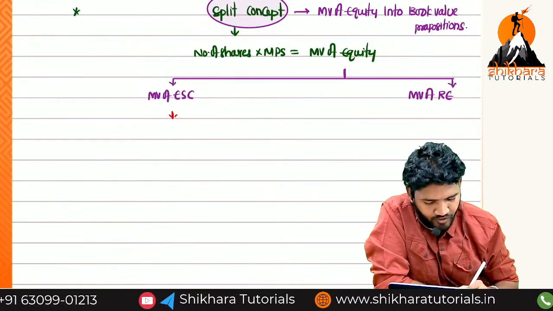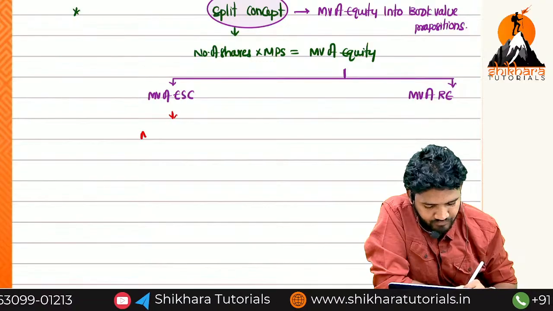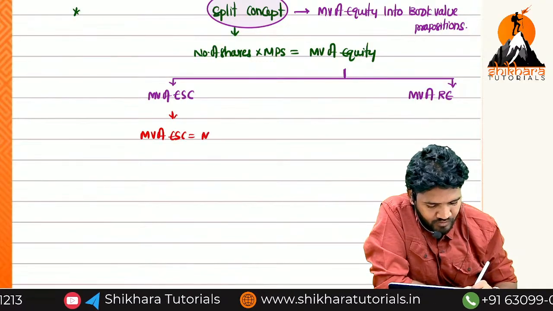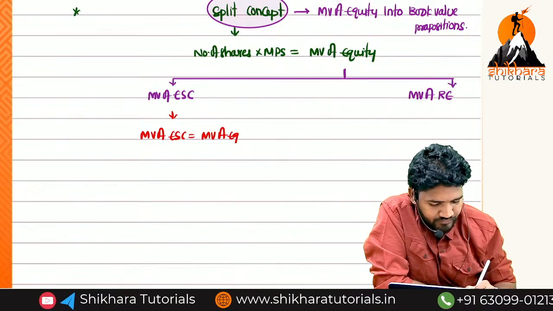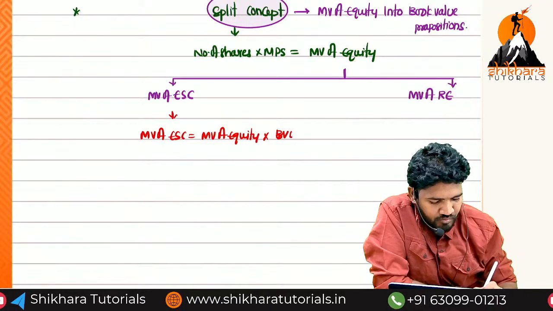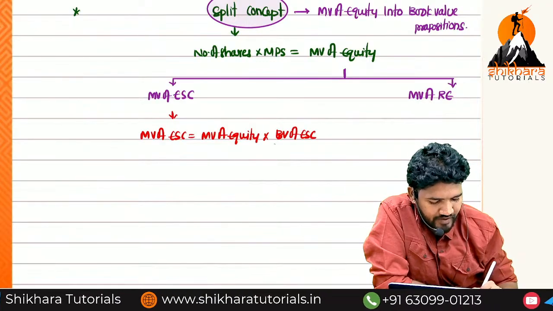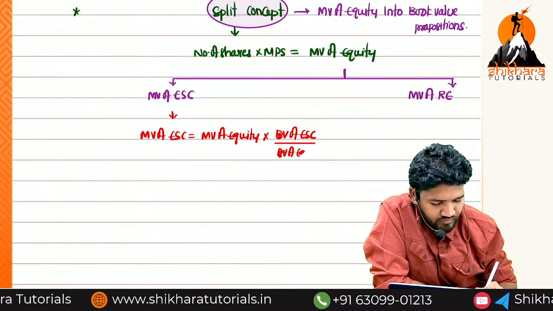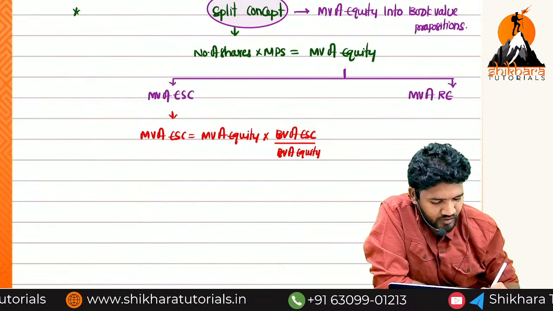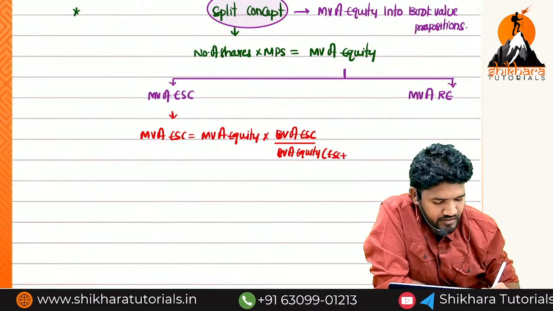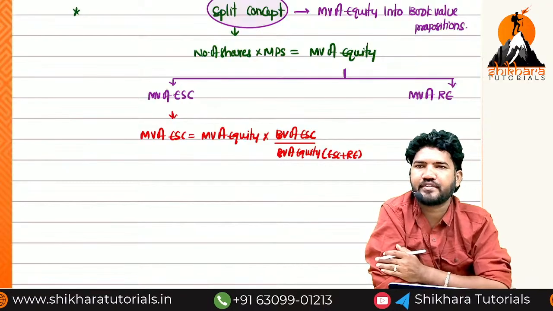Tell me how you get market value of equity share capital. Market value of equity share capital equals market value of equity into book value of equity share capital divided by book value of equity. Now the book value of equity means what? Equity share capital plus retained earnings.